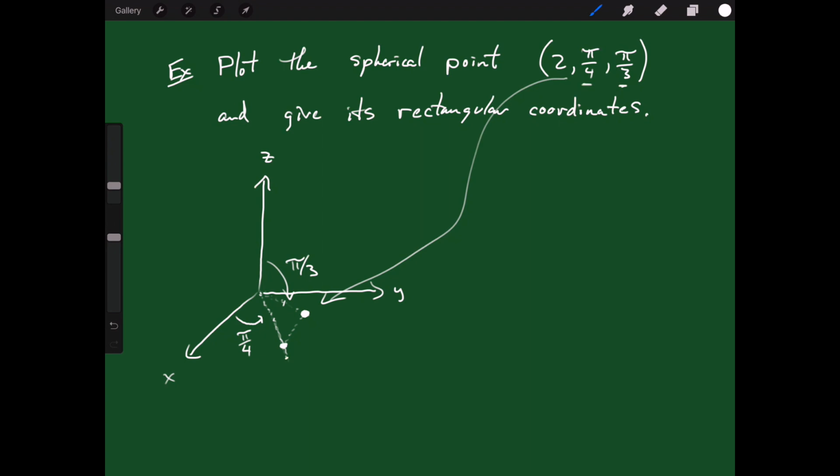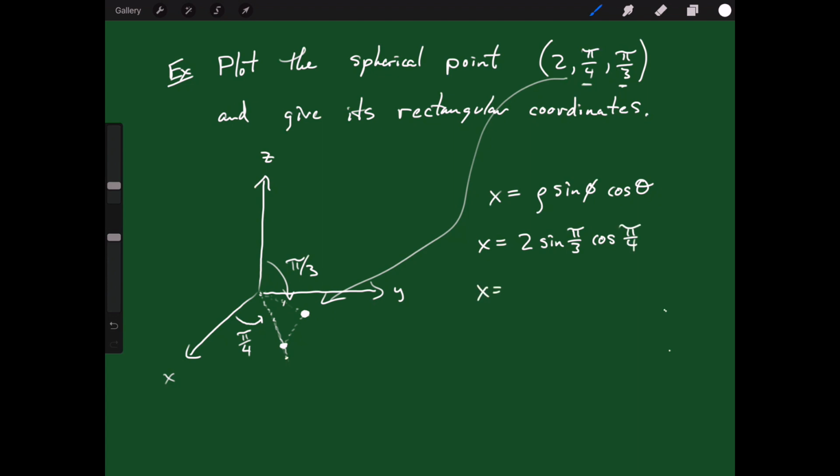Now we want to give its rectangular coordinates. To do that, we need to use our formulas. We know that x is equal to rho sine phi cosine theta. In other words, x is equal to rho, which is 2, sine of pi over 3, cosine of pi over 4.